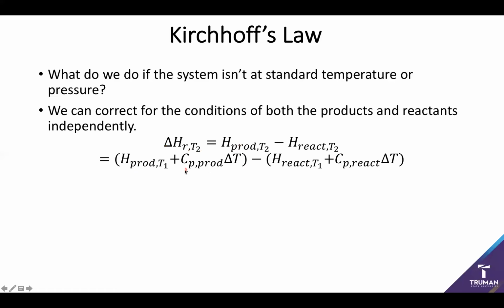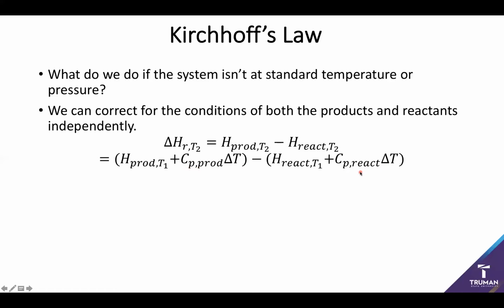Now, again, we're assuming relatively small temperature differences where I'm able to use just the simple linear heat capacity and I don't have to use the full Shomate equation. Though watch out, occasionally you will need to make use of a linear expanded version of the heat capacity for large temperature differences. And so we can do this for both our products and our reactants independently.